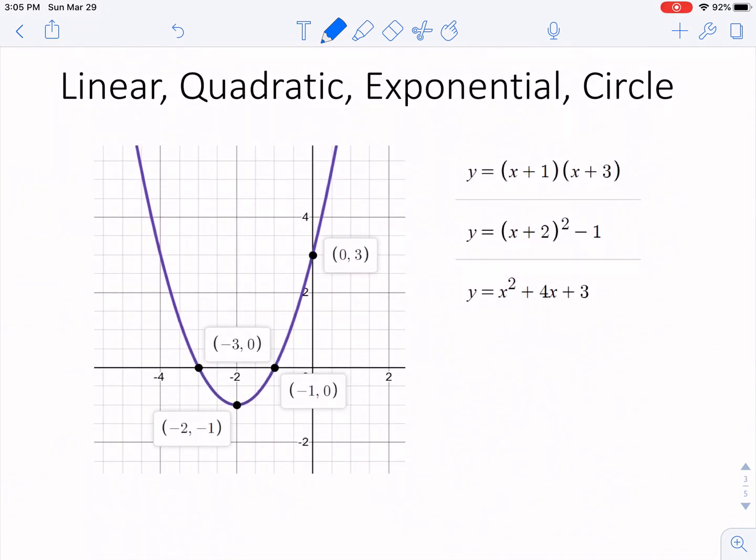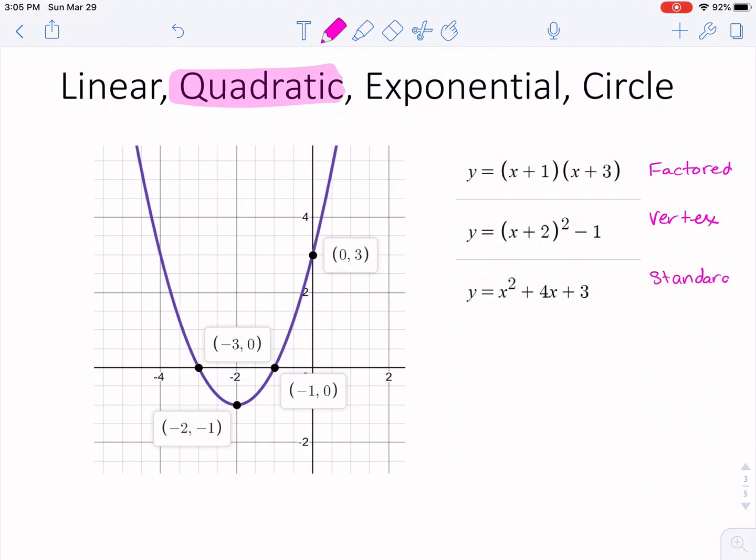Quadratic. This is another one that we did a lot with. This is your example of a quadratic function. I gave you all 3 forms of the equation right next to it. The first form is your factored form. The second form is your vertex form. And the third form is your standard form.